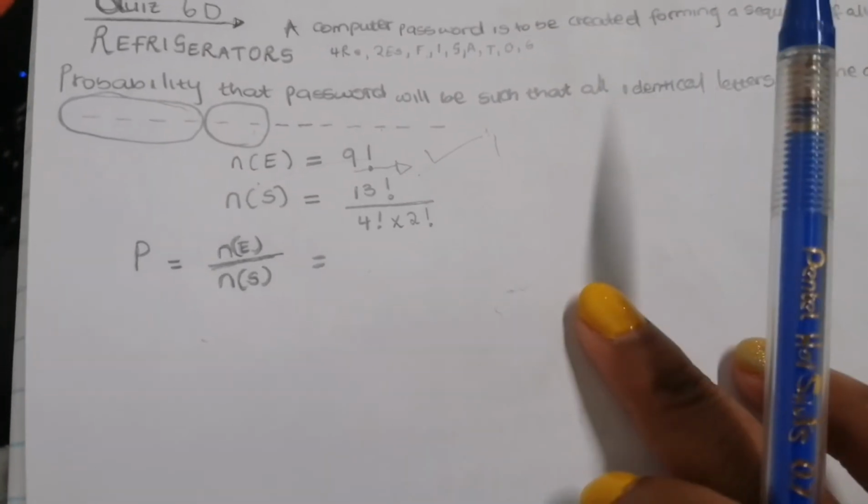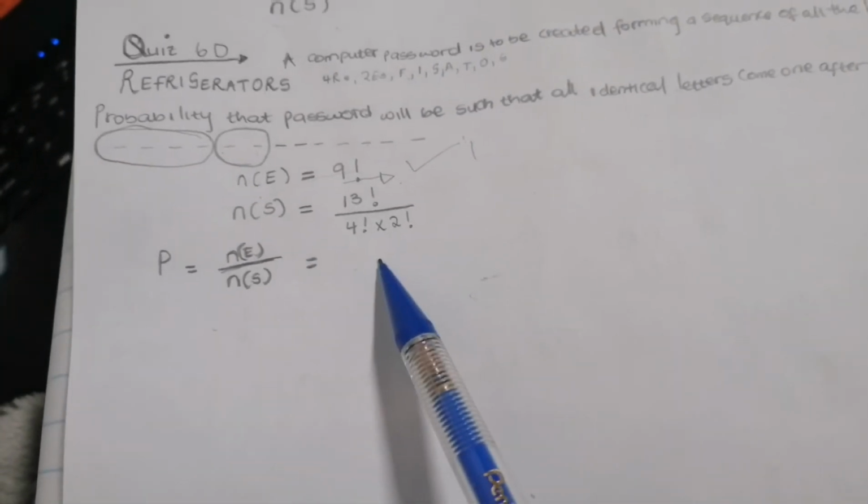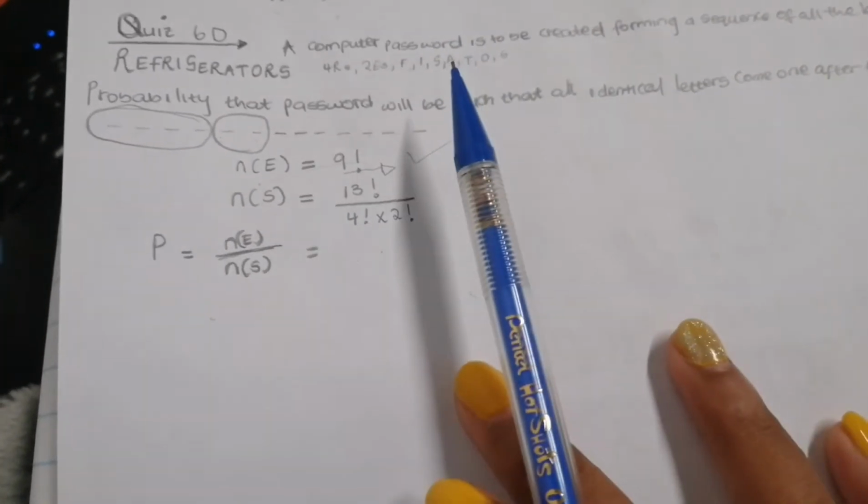So the sample space, we know that it's all the possible outcomes we can get.